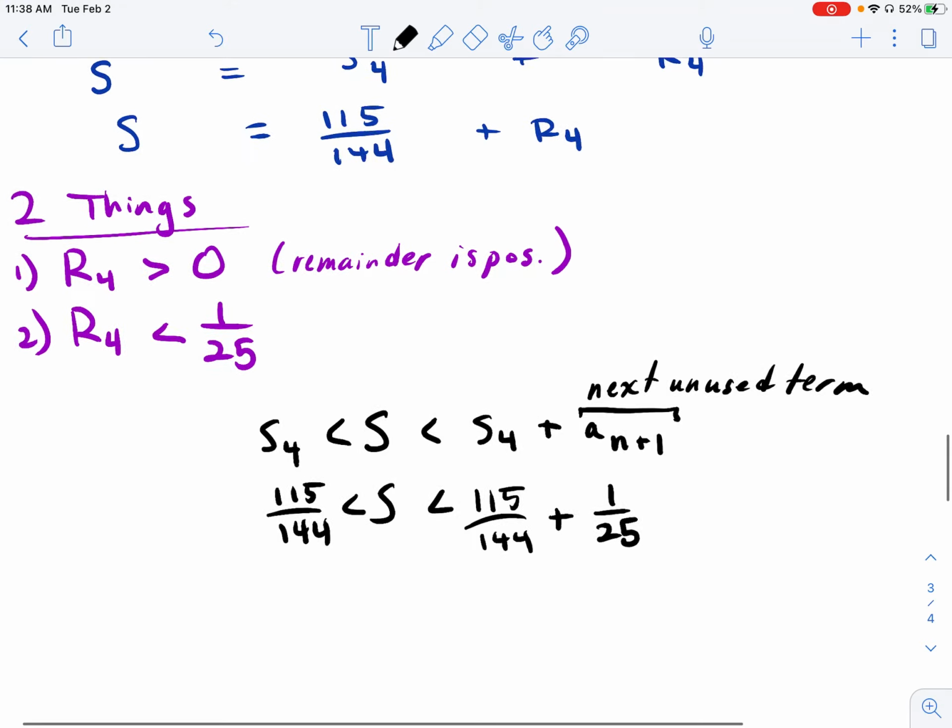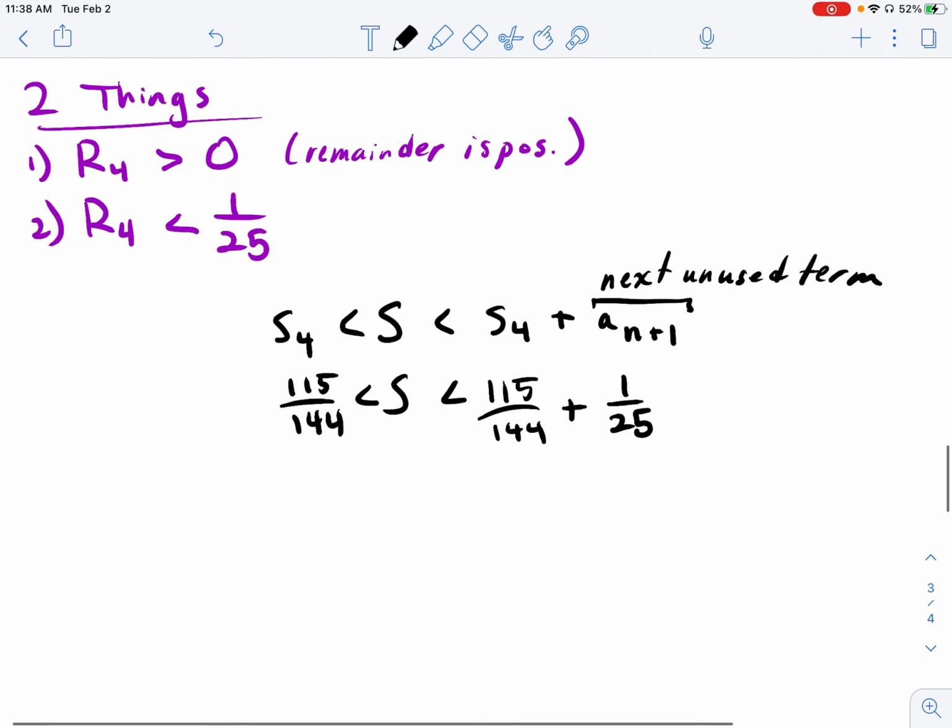Okay. So to put this plainly, we can say that our remainder, or our error of our approximate sum, is, to summarize, basically what we're saying here is the following.